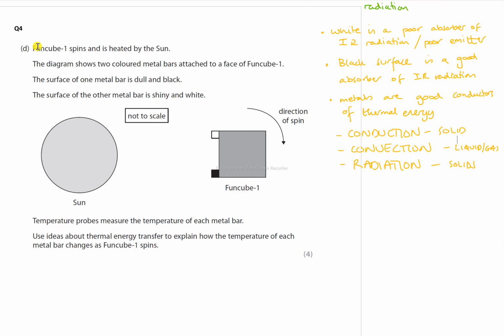Right, okay. So a fan cube spins and it's heated by the sun. The sun fires off rays and it heats this shiny white metal bar and this dull one. Right, so that's another thing.